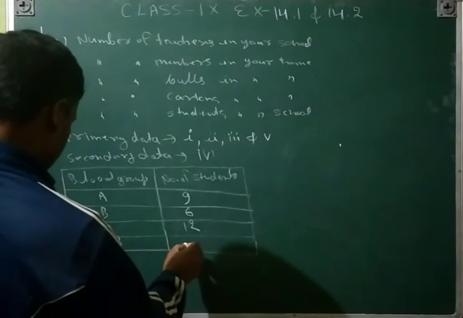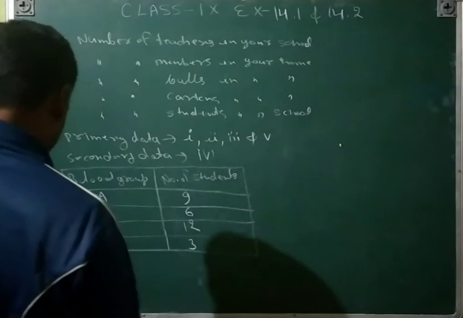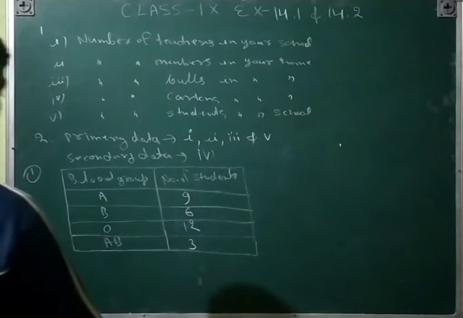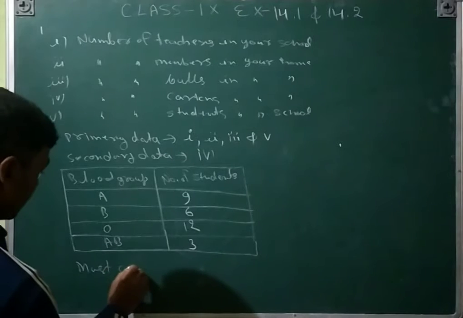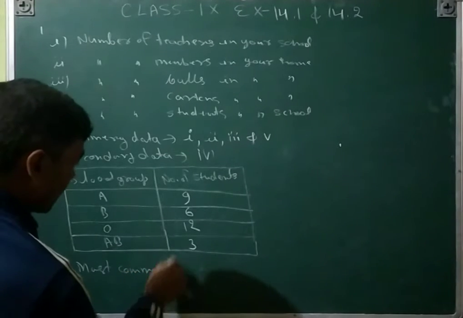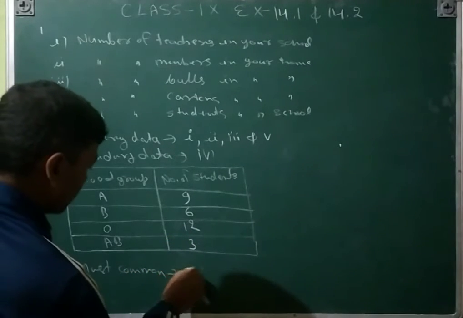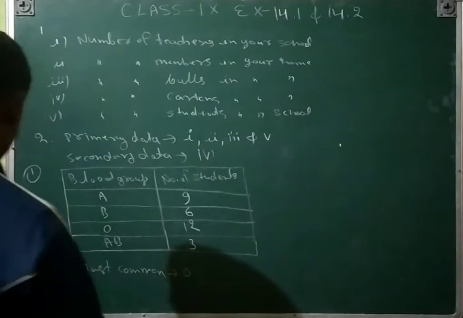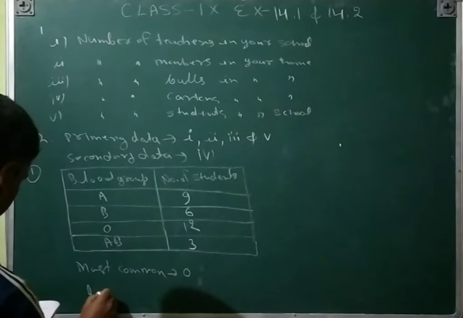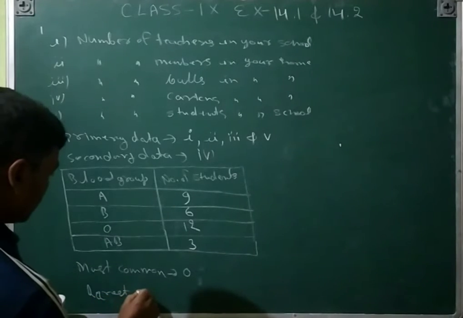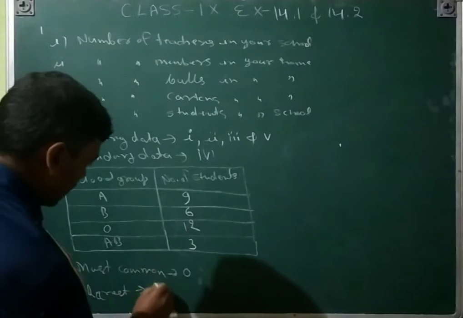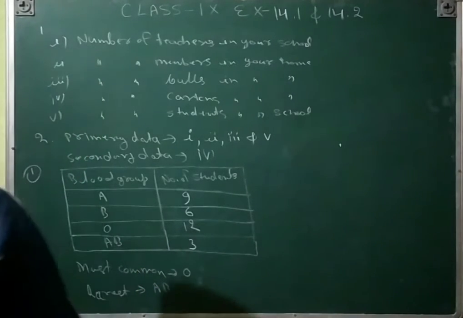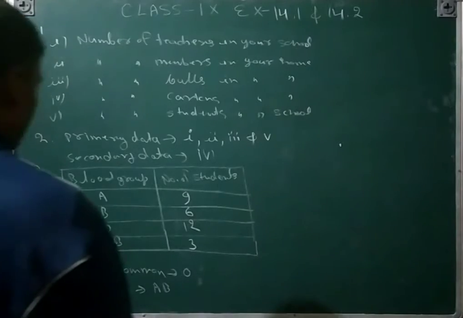And AB is 3. The most common means the maximum, so O group is the most common. The rarest is the one with 3, that is less. So the rarest is AB.